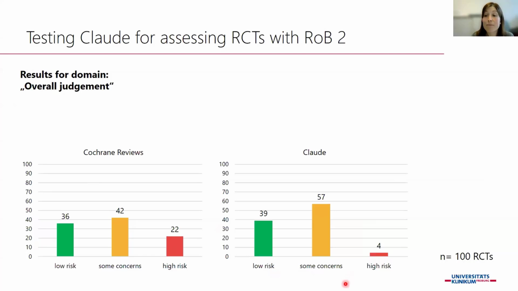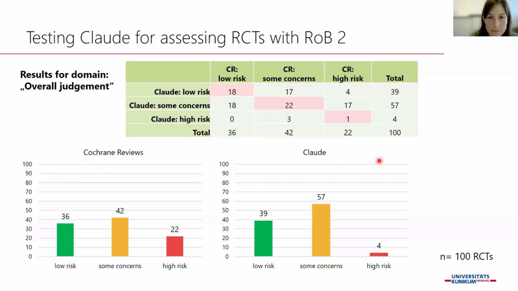And I have to mention that for the 5 individual domains, it also looked a little bit different. We had much more low risk of bias judgments for the single domains. It was quite interesting that single domains had really a lot of low risk judgments from Cochrane reviews and Claude. So we had quite imbalanced data.